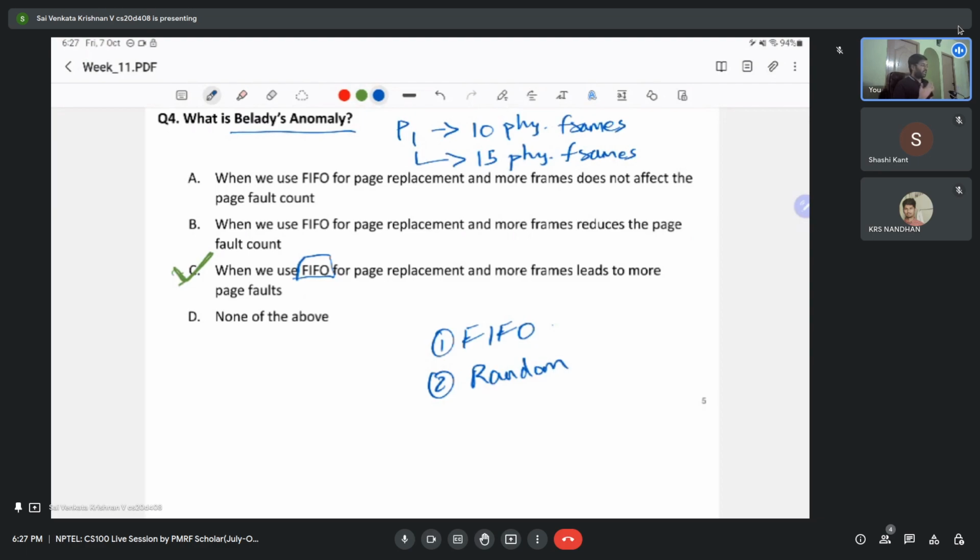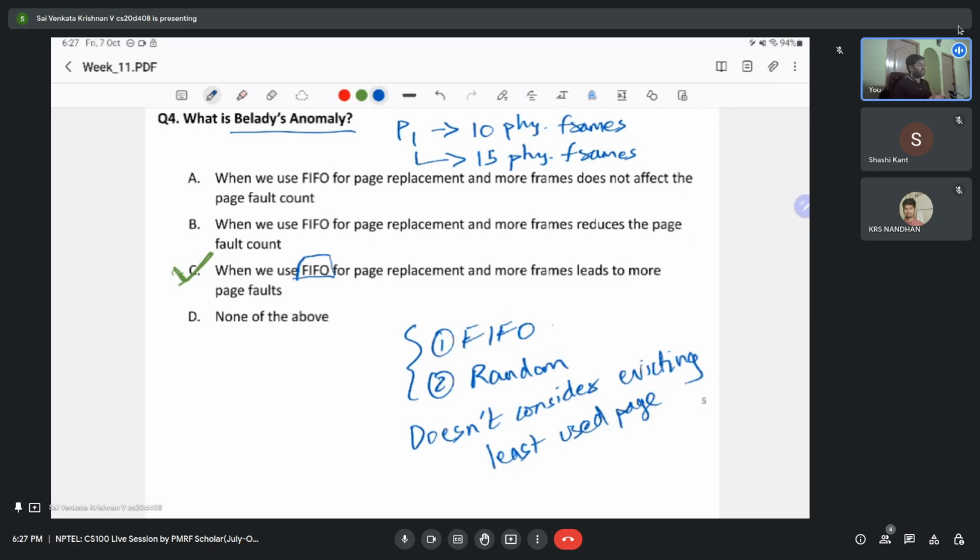Why this anomaly is present in these algorithms is because they don't consider evicting the least used page or something like that. They don't consider which pages are most actively used or recently used.